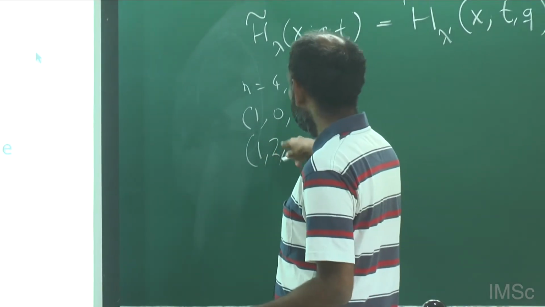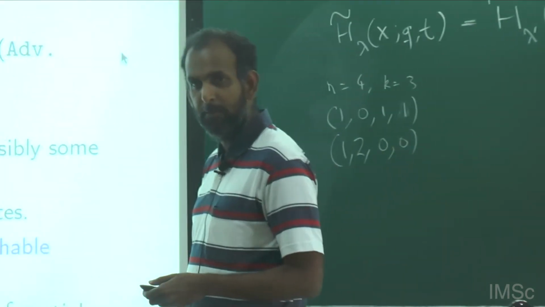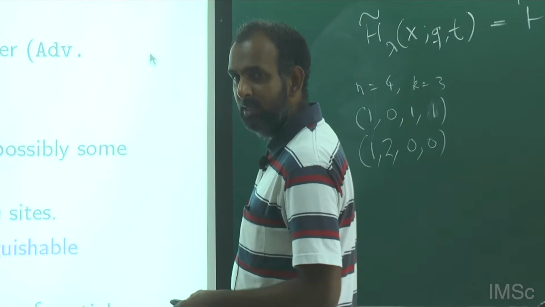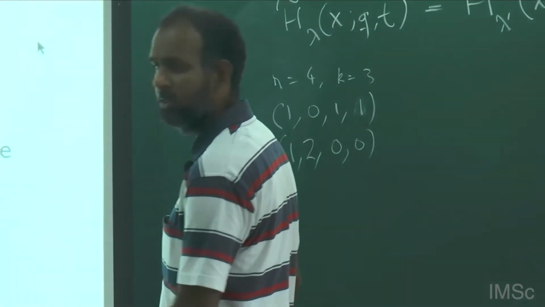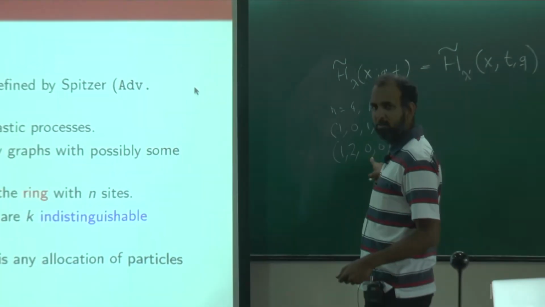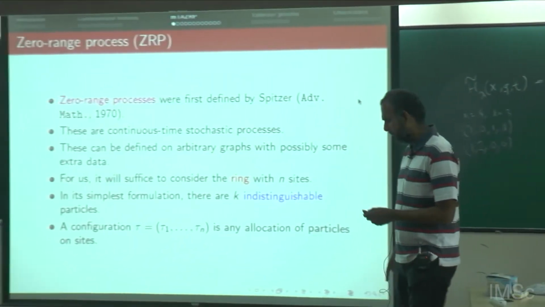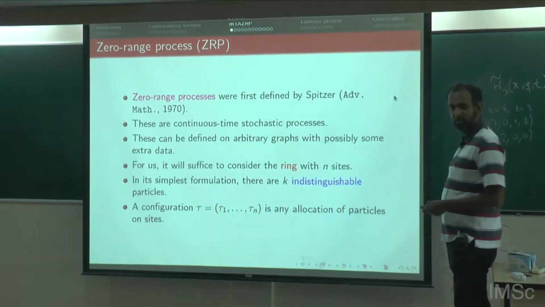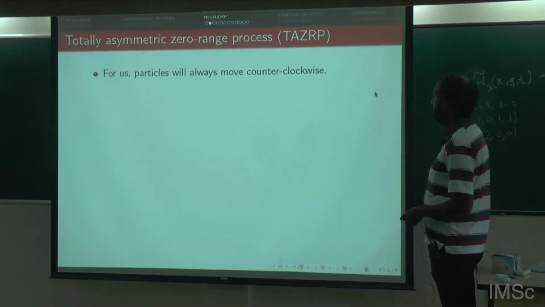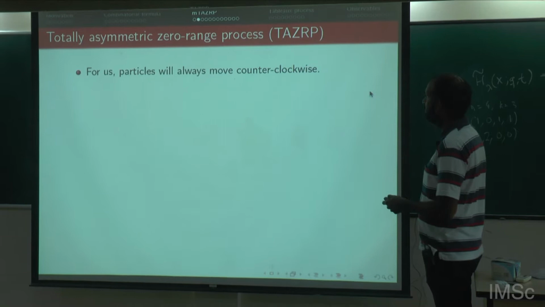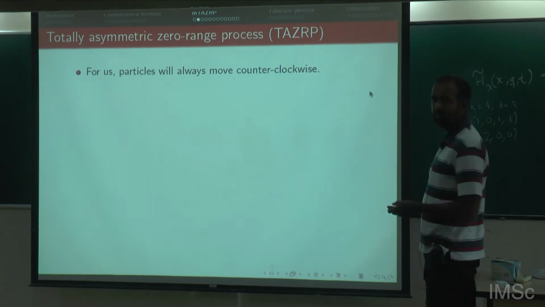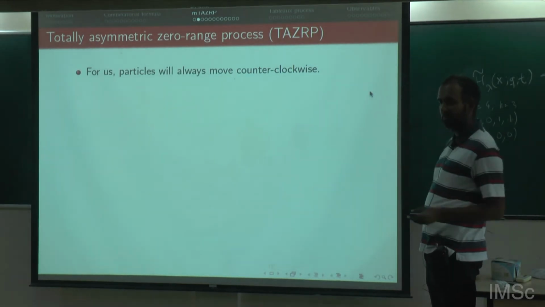This is just a configuration tau, labeling the number of particles at the n sites. They're indistinguishable. For us, particles will move counterclockwise. We are looking at a totally asymmetric version where particles only move in one direction.